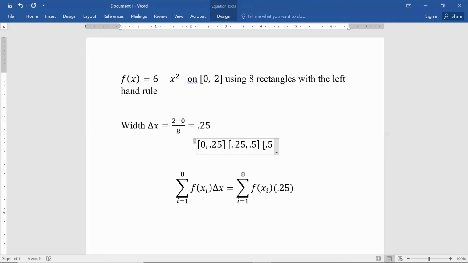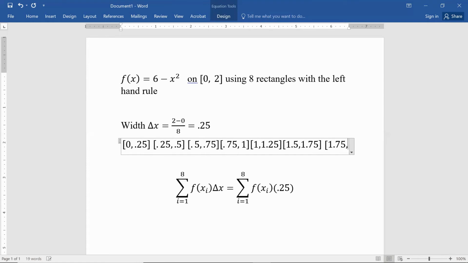Our third would go from 0.5 up to 0.75, and so on and so forth. You can see how the progression is going. These are our subintervals.